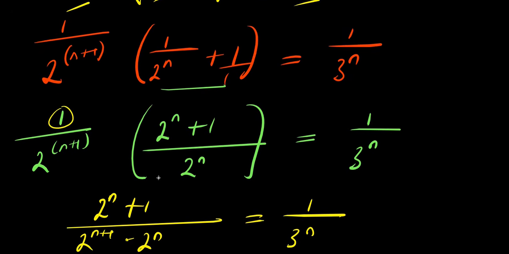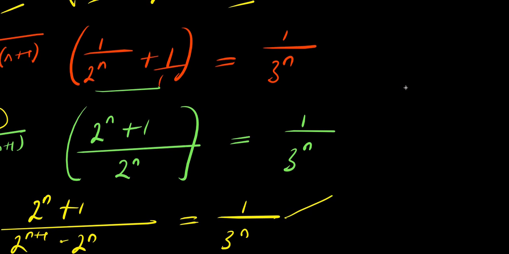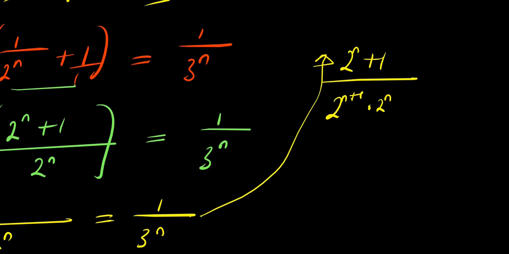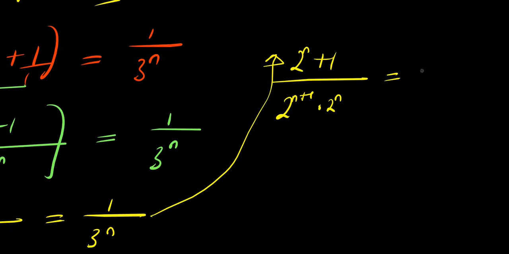So there's no space. Let's continue right here. I'm going to bring it up here. So I'm going to have 2^n plus 1 divided by (2^n plus 1) times 2^n, and this equals 1 divided by 3^n. So what are we going to do?